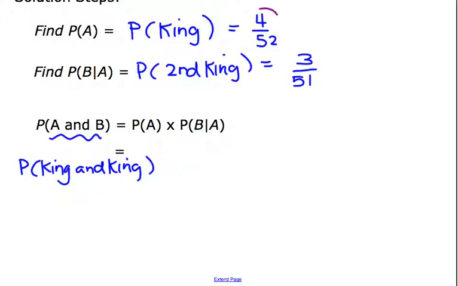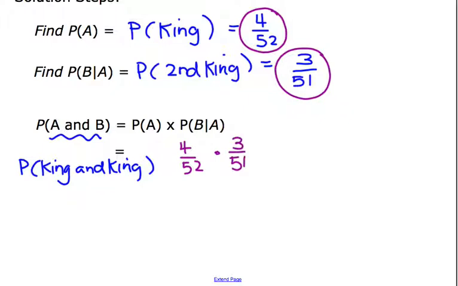So we multiply 4 out of 52 and 3 out of 51. 4 out of 52 is the probability of drawing the first king, and 3 out of 51 is the probability of drawing the second king, knowing that we already got one king.